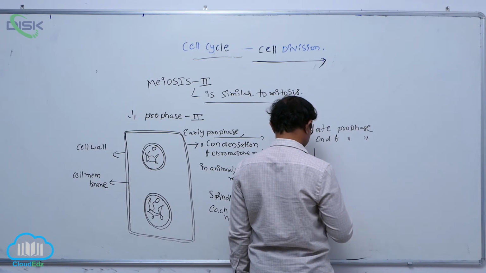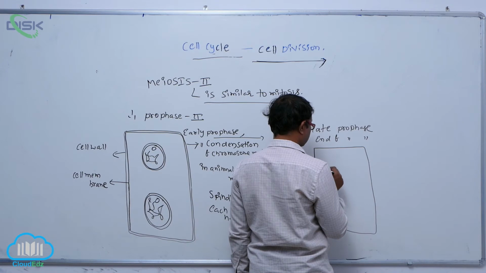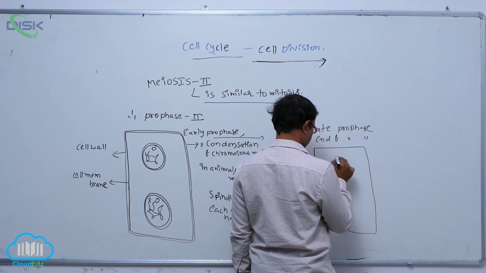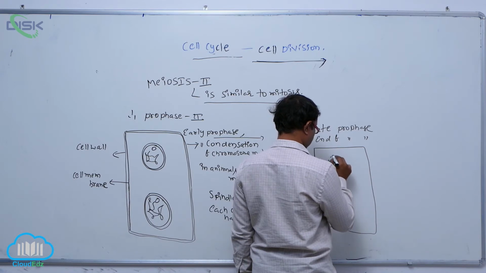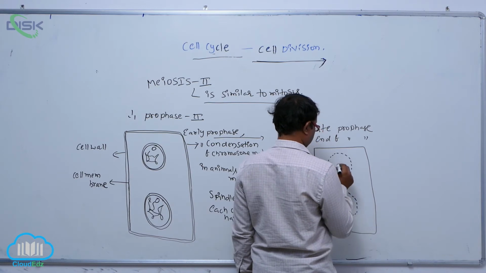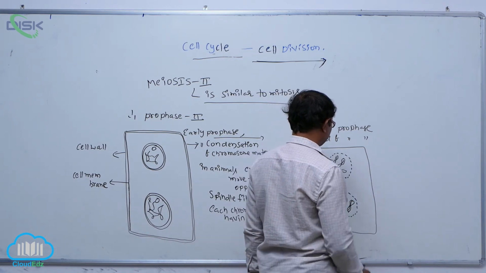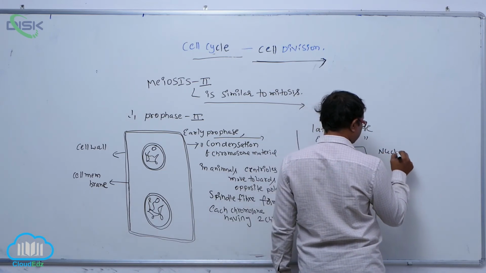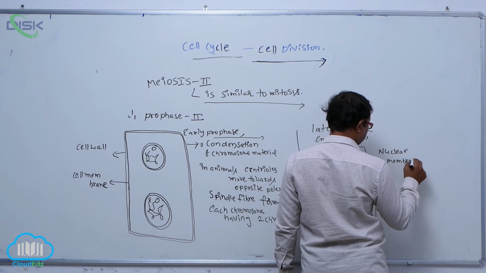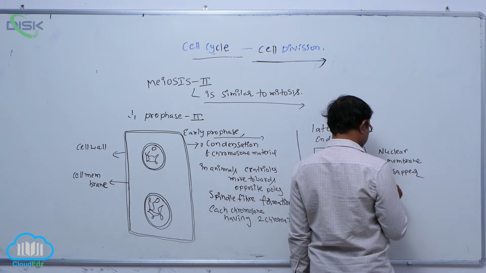At the end of prophase, the nuclear membrane disappears and the nucleolus disappears.